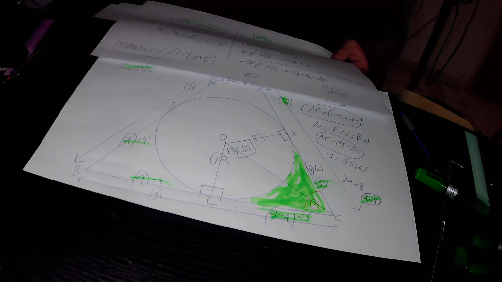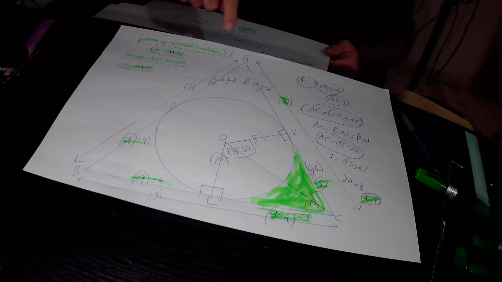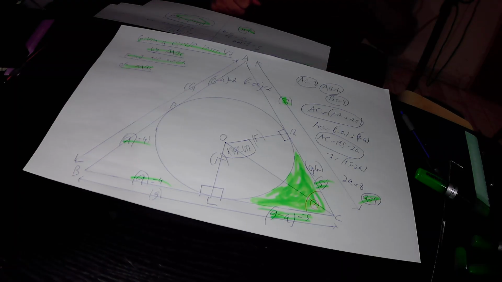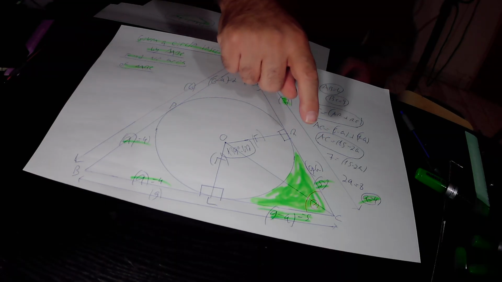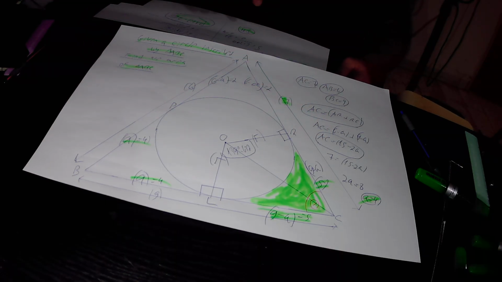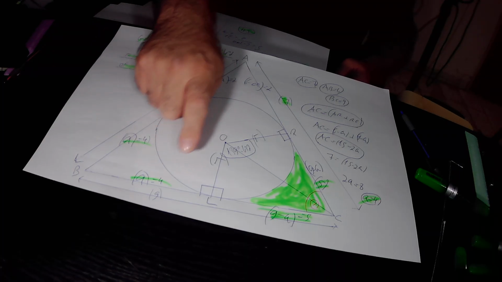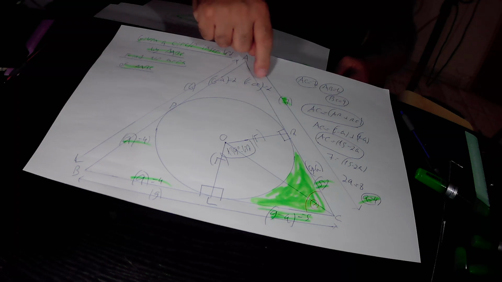In the next step, we calculate the semi-perimeter of this triangle ABC. The semi-perimeter of any triangle equals the perimeter over 2. The perimeter is the sum of the three sides of triangle ABC, that is AB plus BC plus AC. AB is 6, BC is 9, and AC is 7.